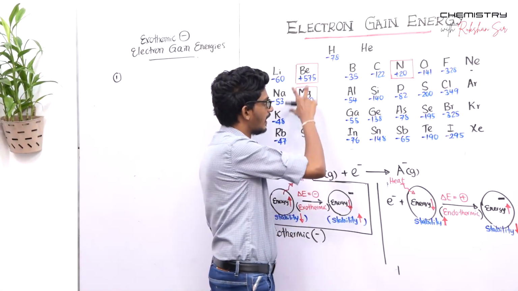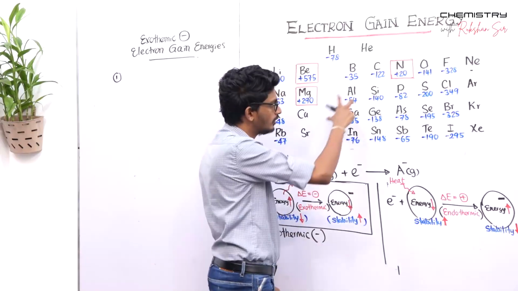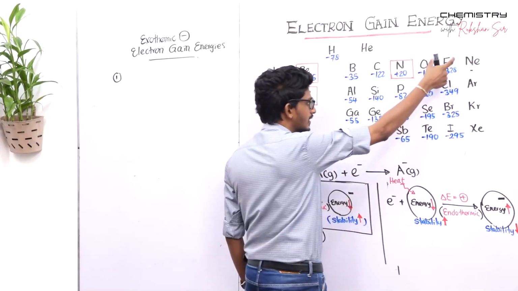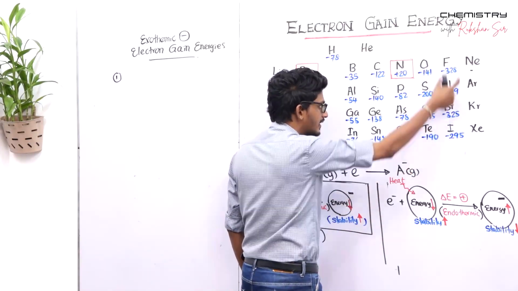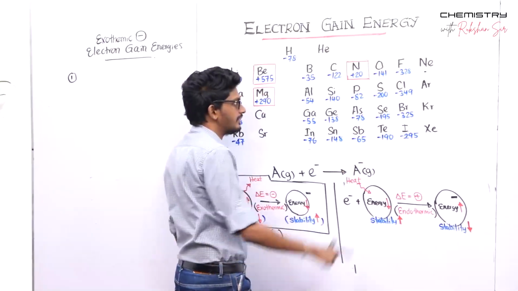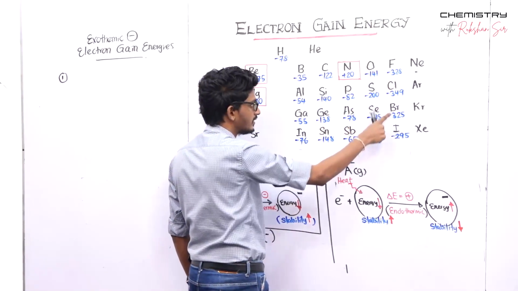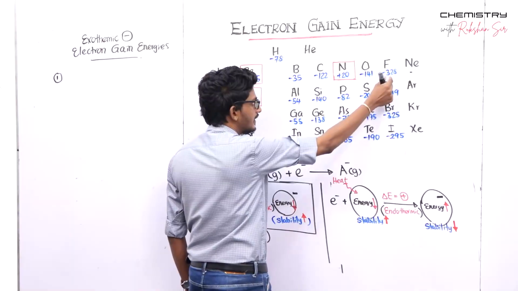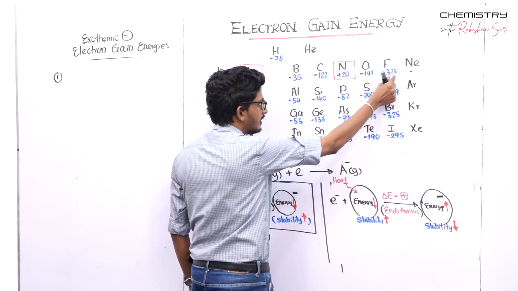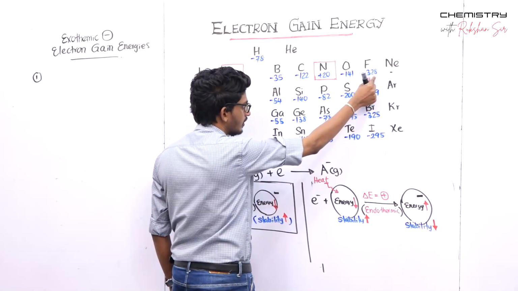Out of all these numbers, the group 17s carry the greatest negative values. This negative means heat is releasing. How much heat? 328 kilojoules per mole.